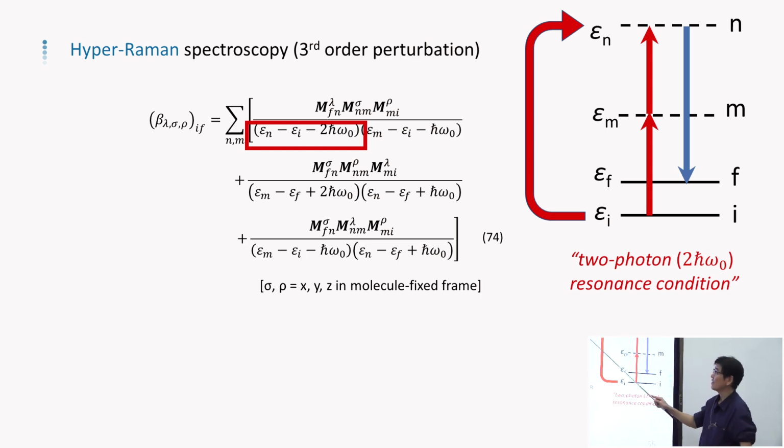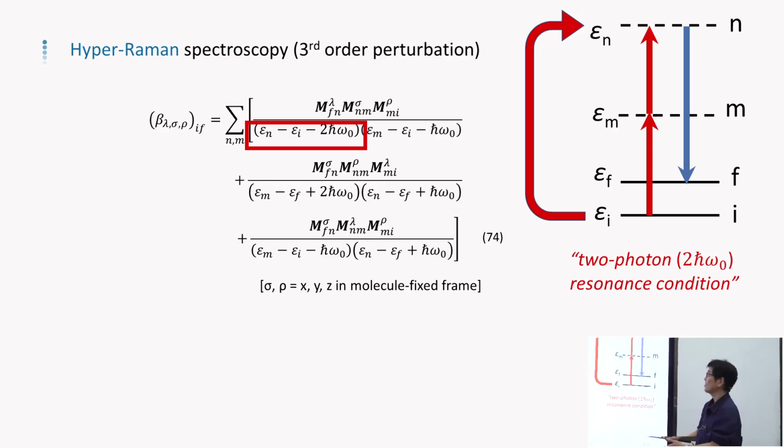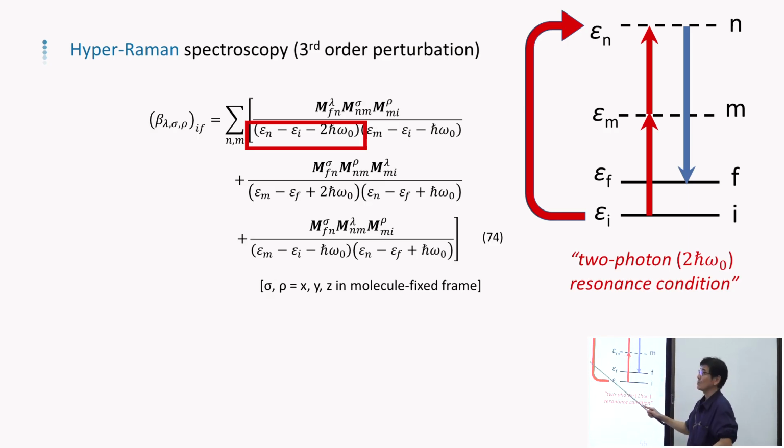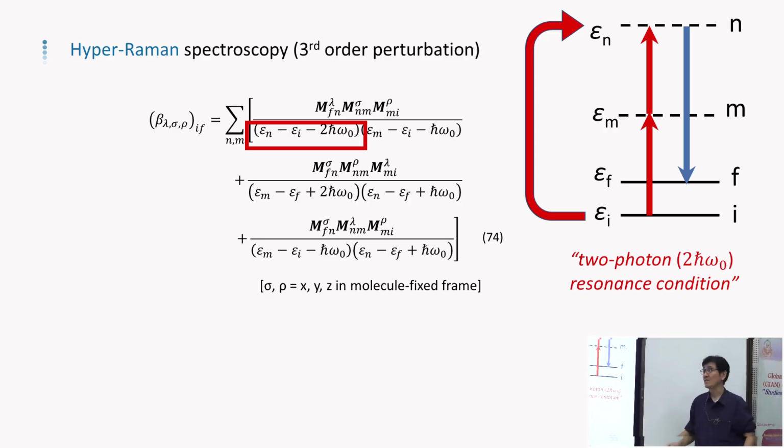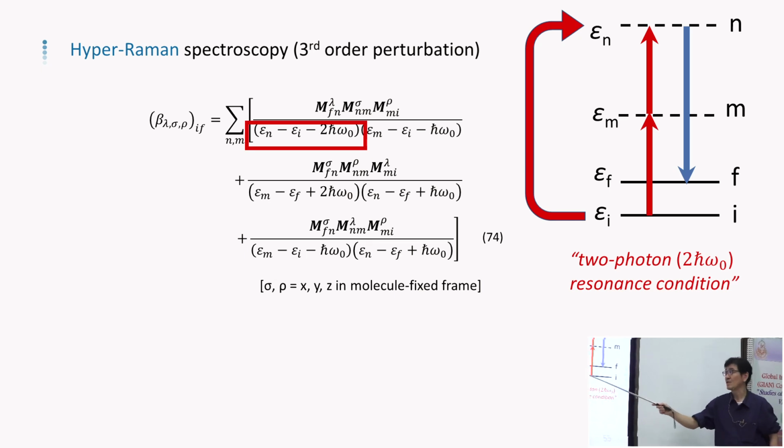Also, when the energy difference between the initial and first intermediate state matches the excitation wavelength, this term also contributes to the resonance effect. So hyper-Raman spectroscopy has two kinds of resonance condition. In this regard, it's different from Raman scattering. But in principle, this is a very weak process. This is third-order perturbation, so it's difficult to detect.